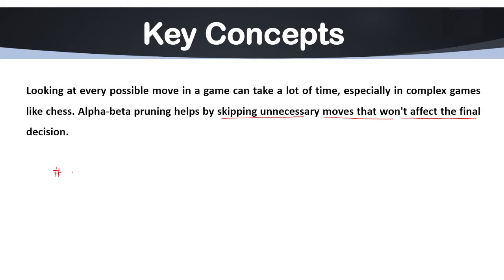In simple terms, we can also say alpha beta pruning improves efficiency by two methods. The first method is elimination of the branches. It eliminates the branches that cannot affect the final decision.